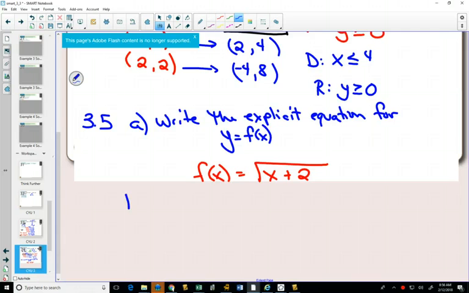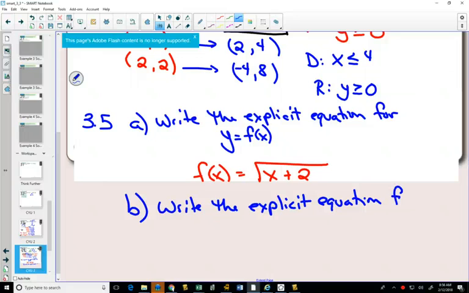Now for part B, I now want you to think about function notation for what we drew in blue.